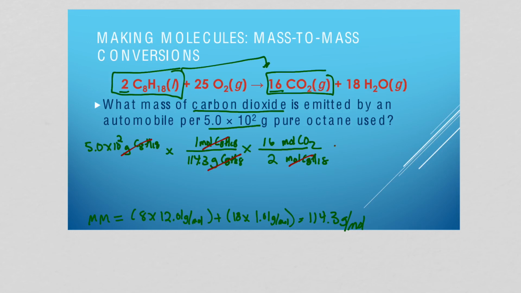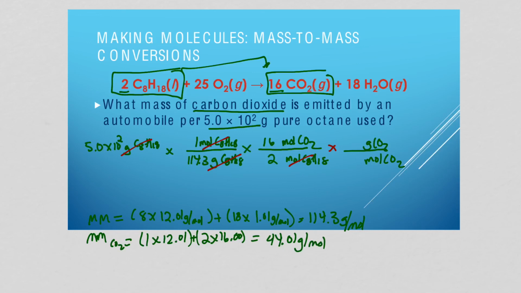So I want to convert my moles of CO2 into grams of CO2. And that's going to go back again to my molar mass. And so the molar mass of CO2 is 1 carbon times 12.01 plus 2 times 16.00, which equals 44.01 grams per mole.